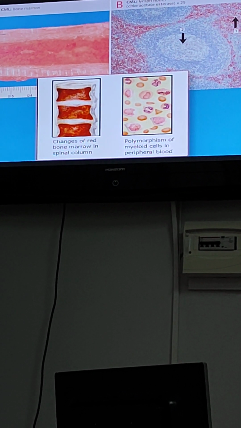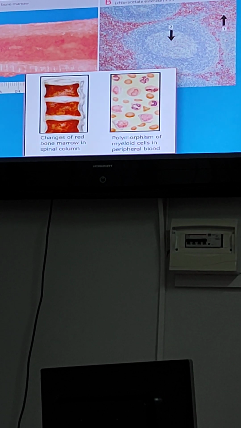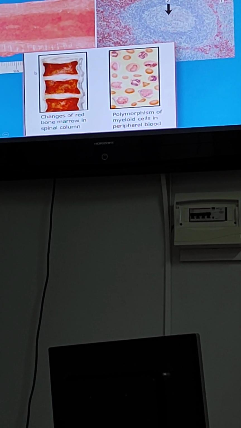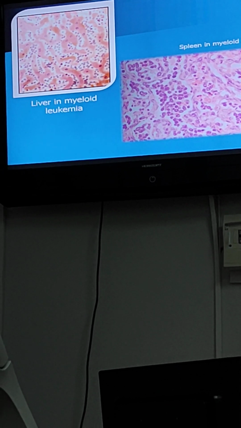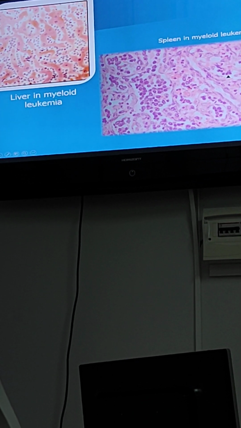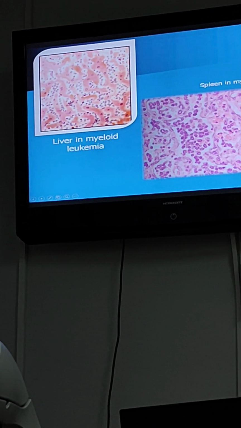Different variants of the workbook have different tables. The change of bone marrow we have discussed. A few slides today: liver in myeloid leukemia. This is one of the control slides, not for the exam.